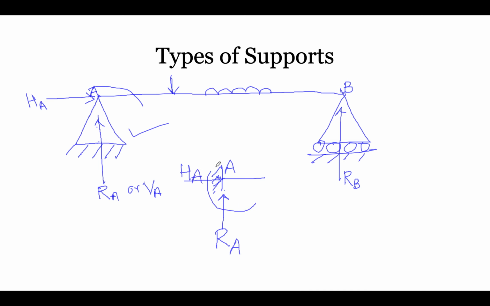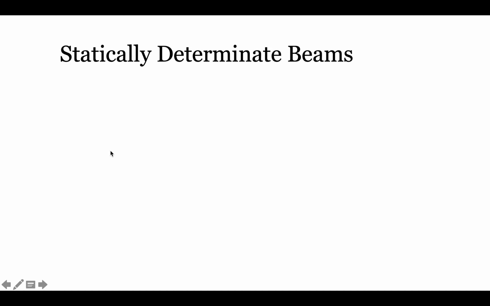And it can also resist a moment. Suppose this is a cantilever beam, if some load is acting, it may create a moment over here. So a fixed end support has three reactions. A roller support has one reaction, and a hinge support has two reactions. Okay, so these are the very basic and important things one should remember.